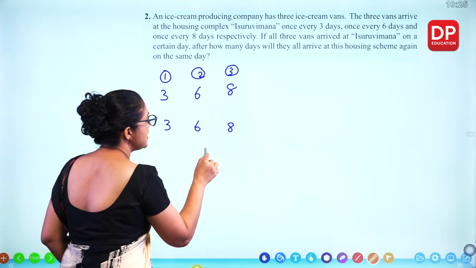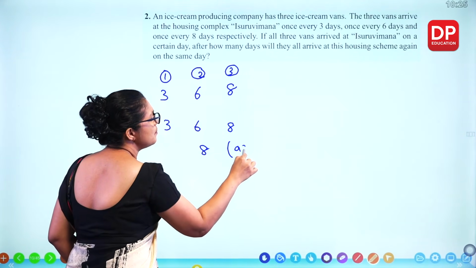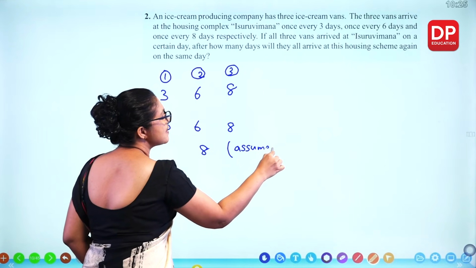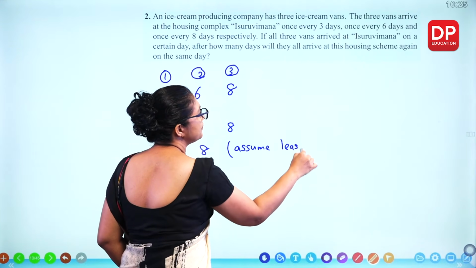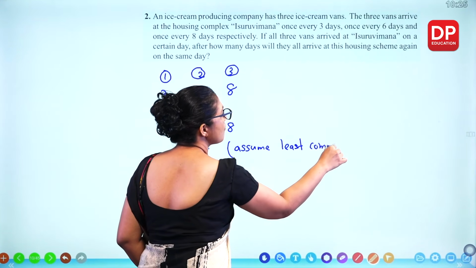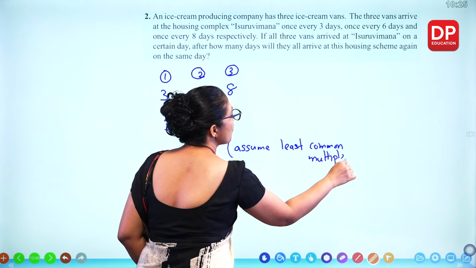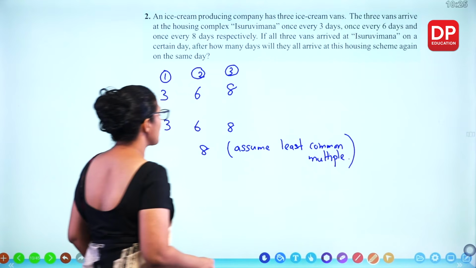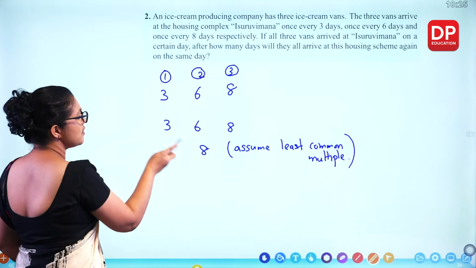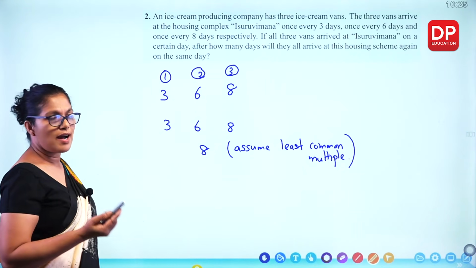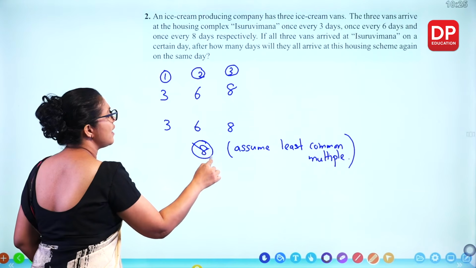So I'll take 8 and assume this is the least common multiple. Here, can you divide 8 by 3? You can't. So we have to ignore 8.